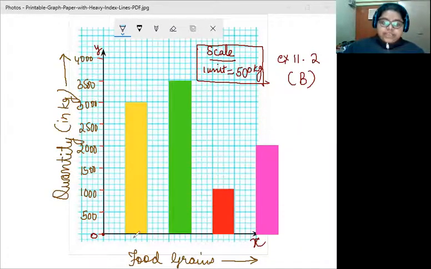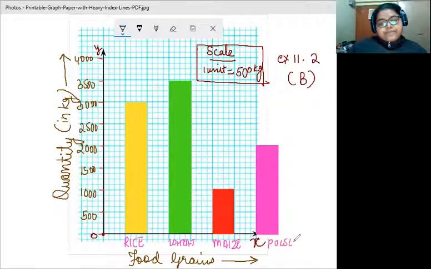Either you can write below this, or you can write here. You can write rice, then we have wheat, then we have maize, then we have pulses. So this is your complete graph. Understood? Thank you.